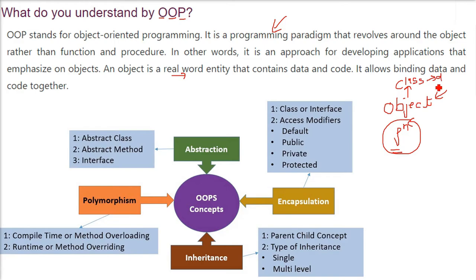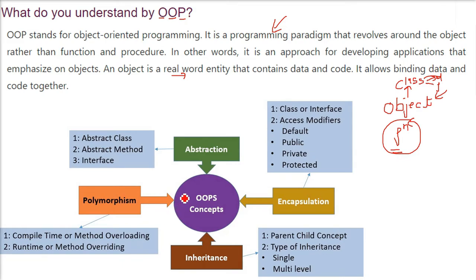We have certain baseline concepts which define object-oriented programming. The basic is that everything has to be an object. For example, Java is not a pure object-oriented language, because everything is not an object.